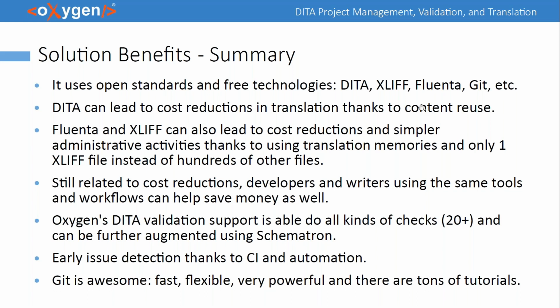Fluenta and XLIFF can also help you save money thanks to simple administrative activities, because you only have one XLIFF file instead of hundreds of other files. And thanks to using translation memories, which we have seen propose possible translations, still related to cost reductions, when writers and developers use the same tools, this can also mean perhaps saving money.